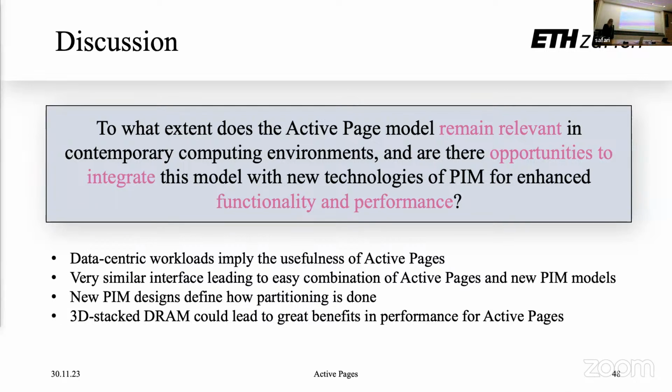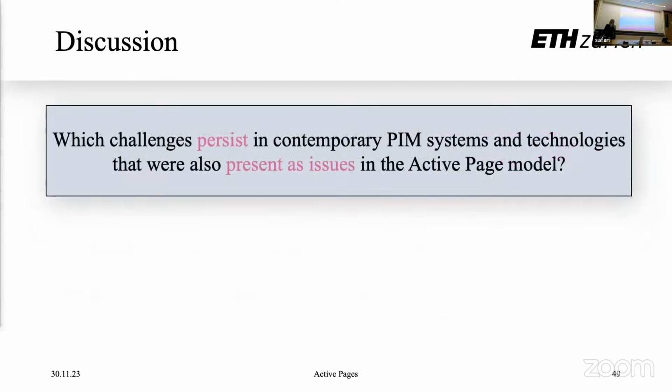So I won't go into all of the details I listed here, but move on to my next question, which is: can you think of issues we had with the active page model, which are still relevant now? To clarify, the technologies and designs nowadays don't improve the active page model. Do you think that's true, or do you think that's true partially?